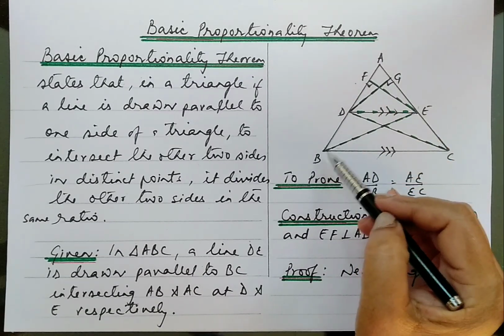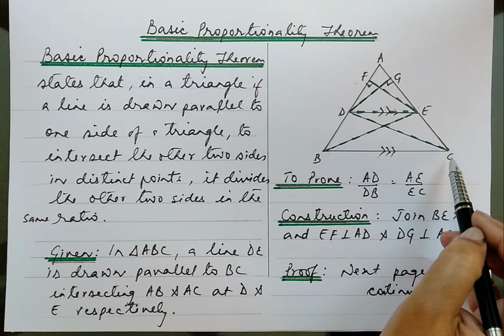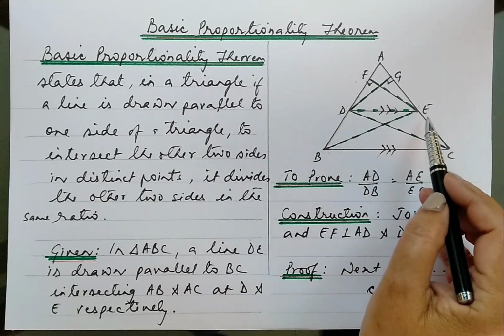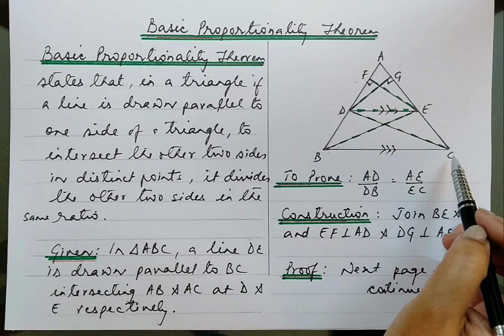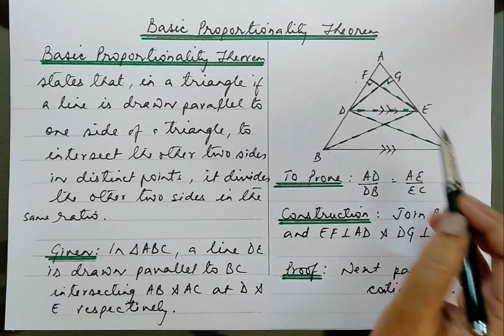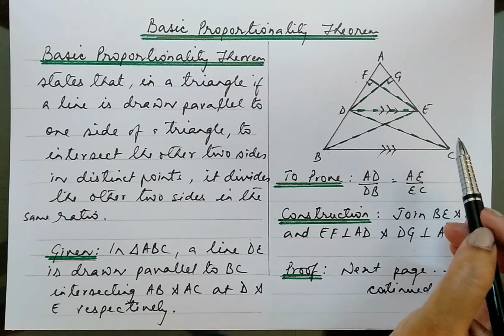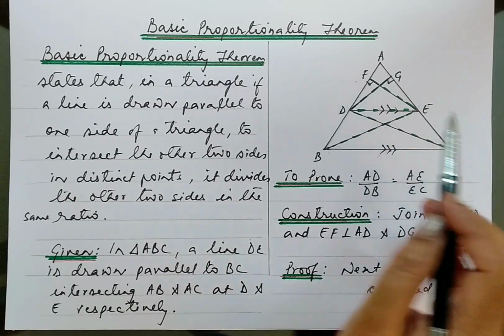AD upon DB will be equal to AE upon EC. Let me repeat. If DE is parallel to one side of a triangle, then the other two sides automatically get cut in a ratio that is similar to each other.